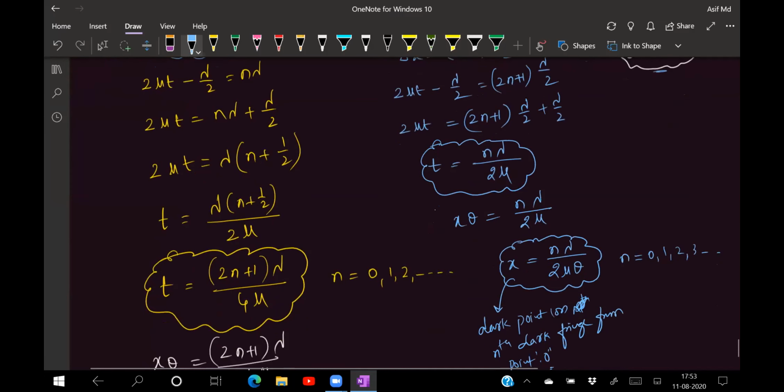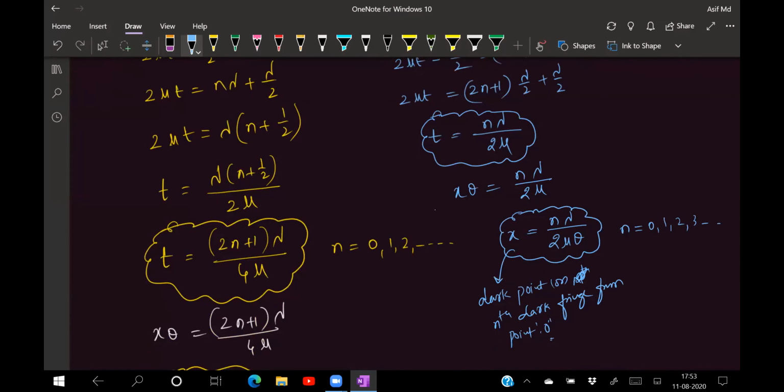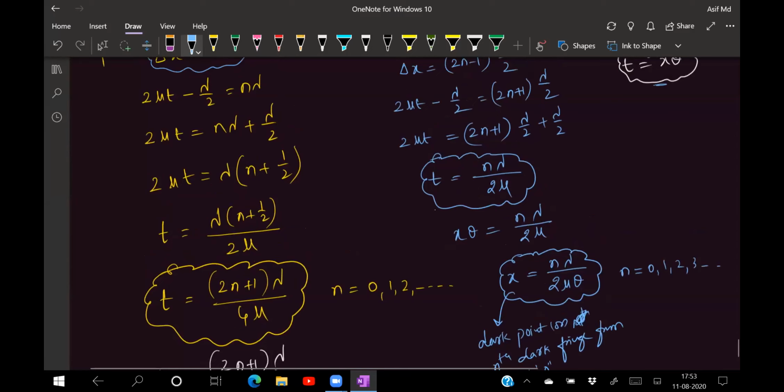So we are getting the dark point at a position x is equal to n into lambda by 2 mu into theta, where n is equal to 0. If I take n equal to 0, the dark point is at the origin, followed by a bright point, then a dark point, a bright point, then a dark point. Automatically it goes on for the given condition.